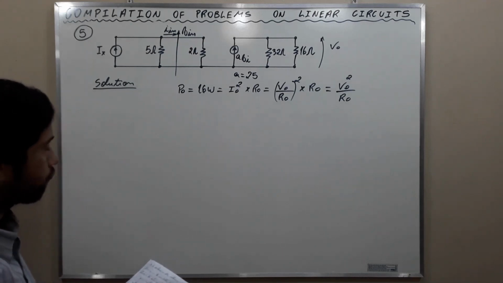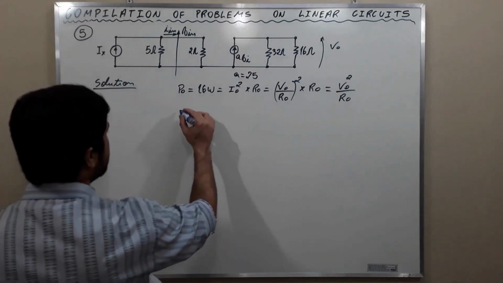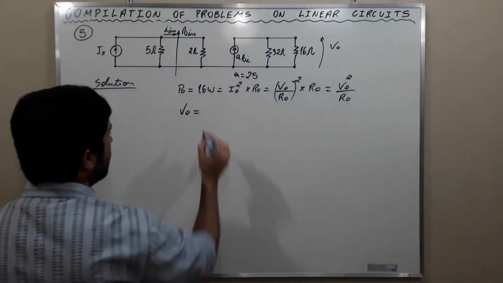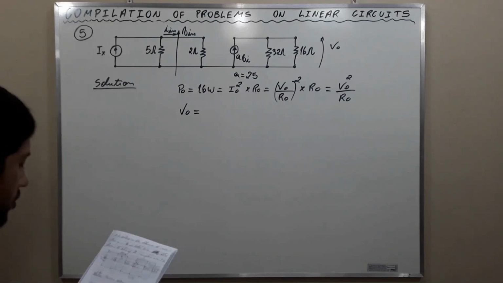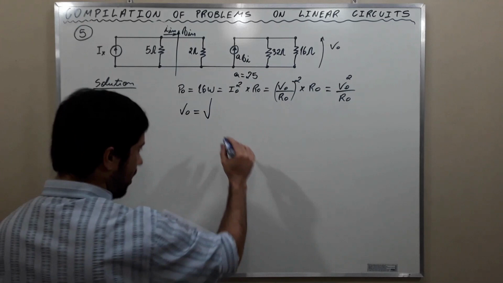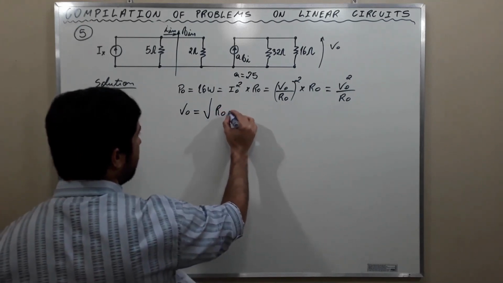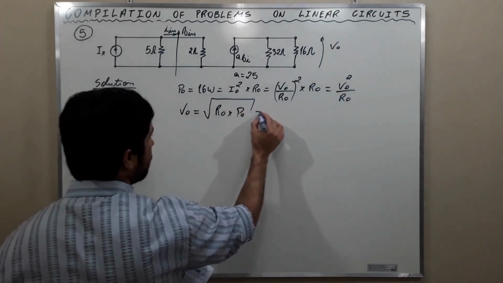And from this, we find an expression of the output voltage as the square root of RO times PO.